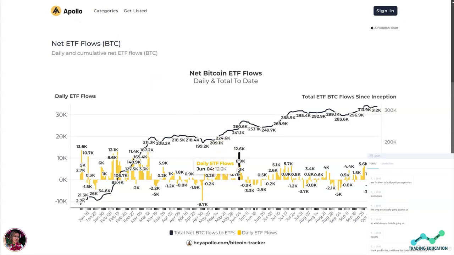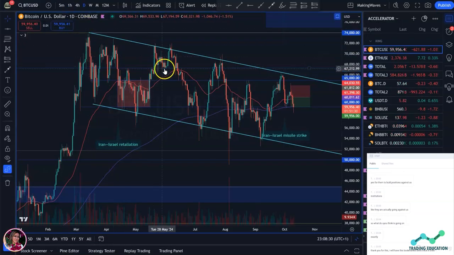And then June 4th on the charts, where are we? Right here. And then we get a high on June 5th, 6th, and 7th at around 70, 71K. This was actually the second top forming a double top. First top May 21st, second top June 5, 6, 7, and then we dropped.